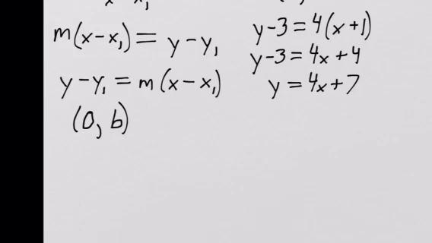Well, if I plug this into the formula here, I get y minus b is equal to m, technically x minus 0, but we know x minus 0 is just x. So y minus b equals mx. Now I can add b to both sides of this.